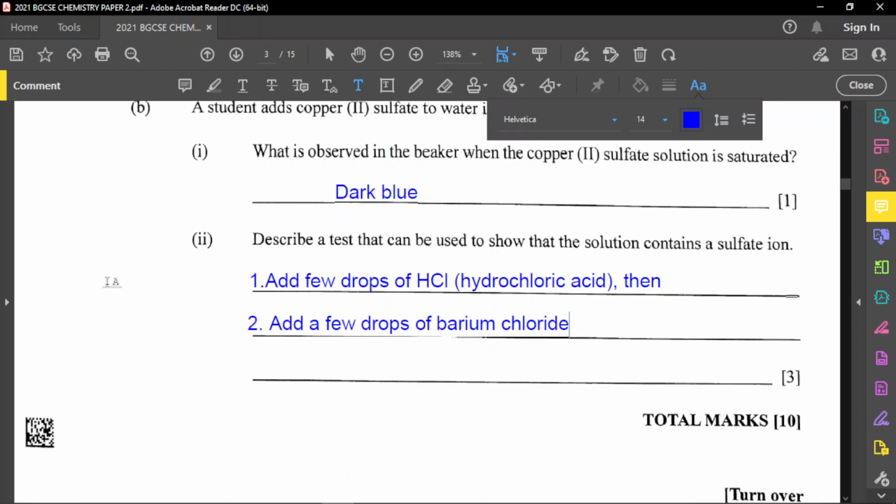The third thing that you want to do here is observe the mixture for a white precipitate.